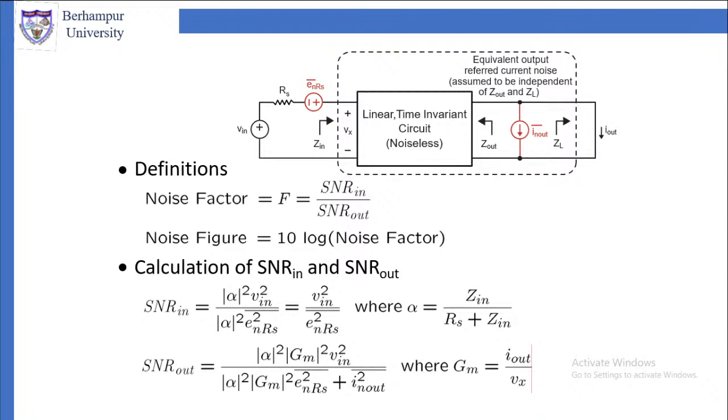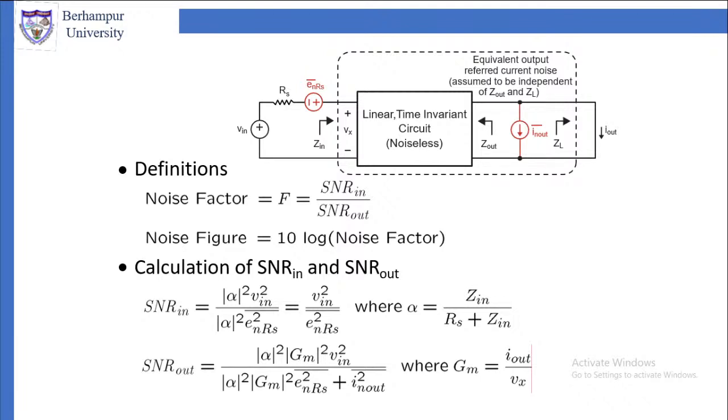The noise is there, the current noise is I out, which is connected on the right hand side that you can see. Then after that there is the ZL or the load impedance, through which the current is I out. Similarly, if you look from the load side into the circuit, the output impedance is Z out.